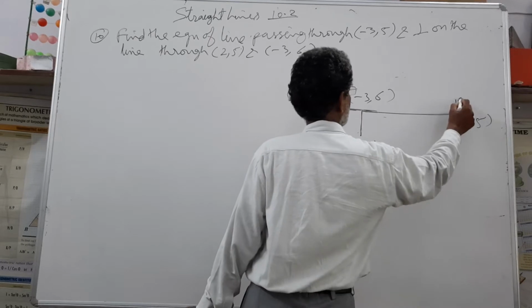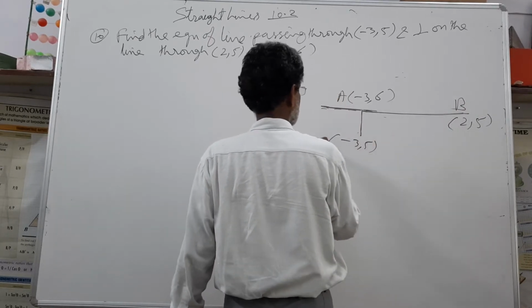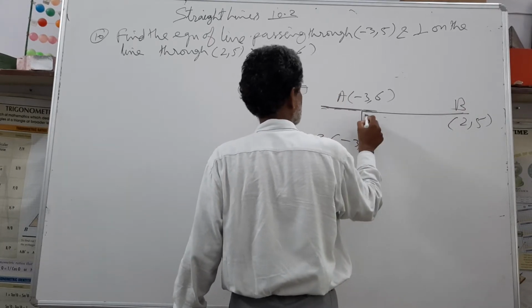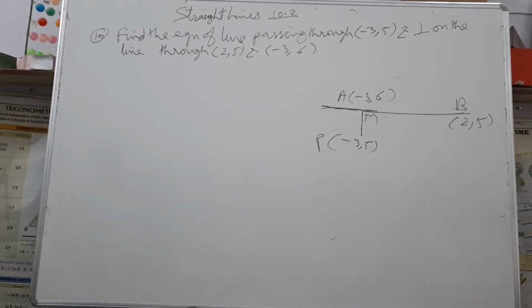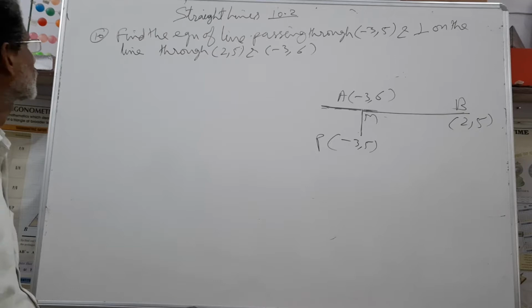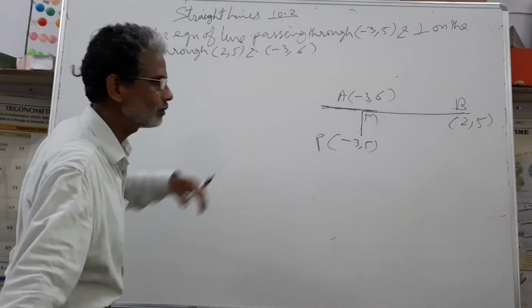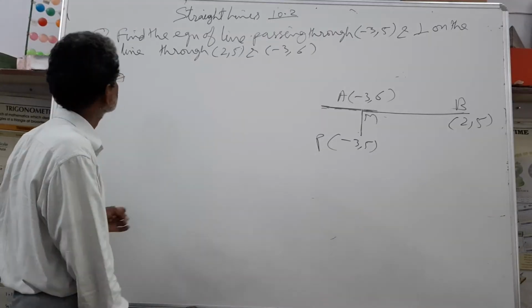This is line AB. This is P. This is M. You are required to find equation of PM. Rough sketch only, not actual plotting.